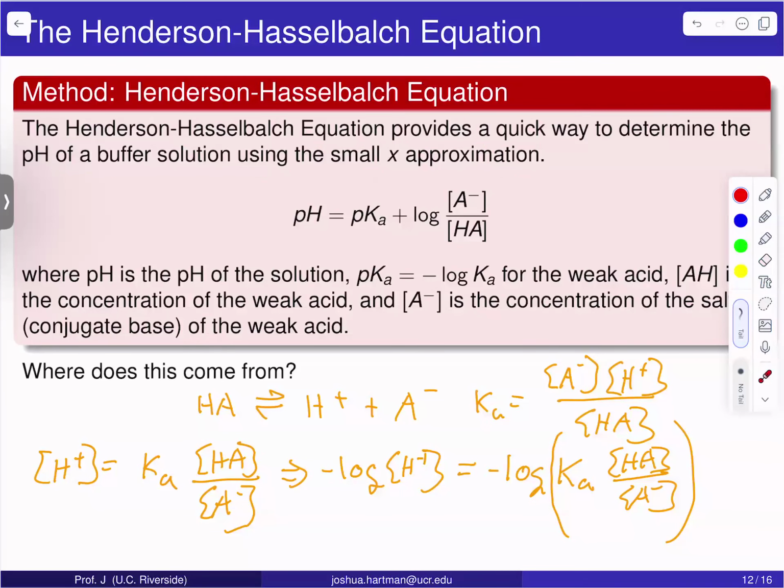And so when you're looking at the Henderson-Hasselbalch equation, there's a number of pieces of information we need. Of course, pH is what we're trying to find. pKa is going to be a characteristic of the specific weak acid we are dealing with. And so pKa, just like pH is a minus log of the hydrogen ion concentration, pKa is the minus log of the equilibrium constant, Ka.